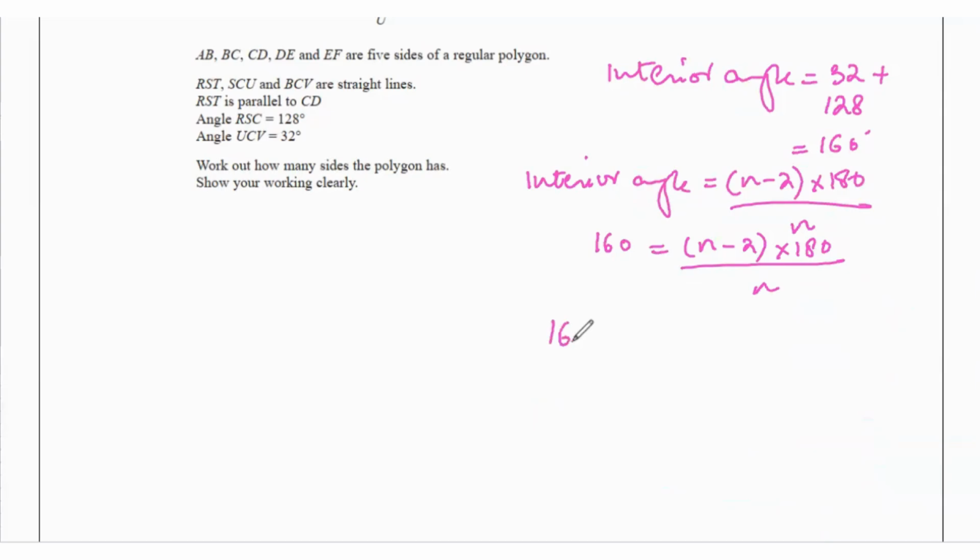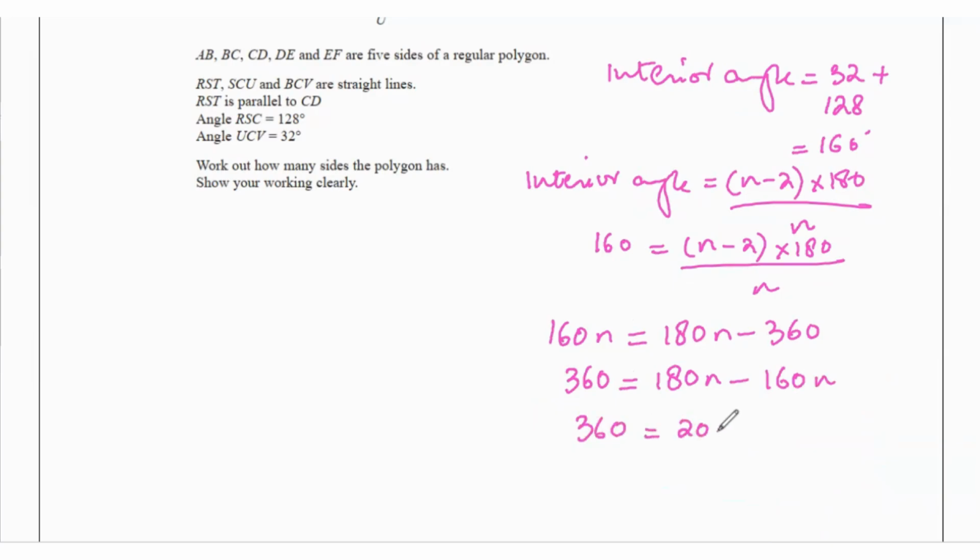Cross multiply: 160n equals 180n minus 2 times 180, which is 360. 360 equals 180n minus 160n, which is equal to 20n. 360 divided by 20 equals n, and n equals 18. So your polygon has 18 sides.